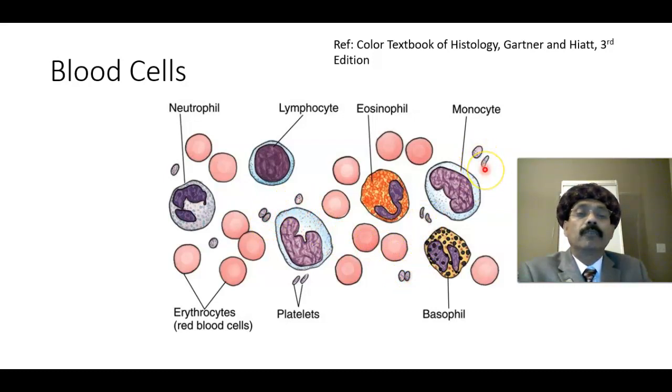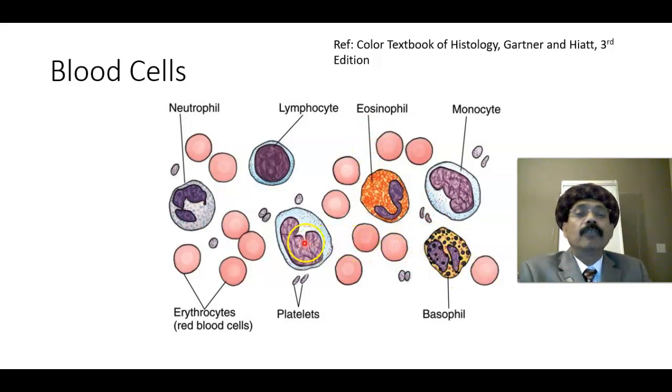The WBC are again two types, granulocyte and agranulocyte. The granulocyte has granules that take the dye, like the neutrophil that takes the neutral dye. Eosinophils like the eosin dye. We have the basophil, they like the basic dye.